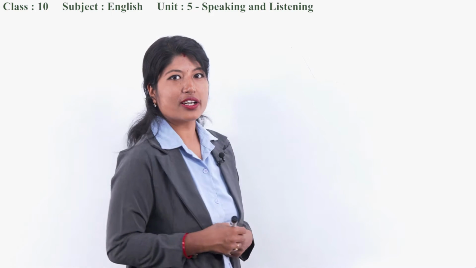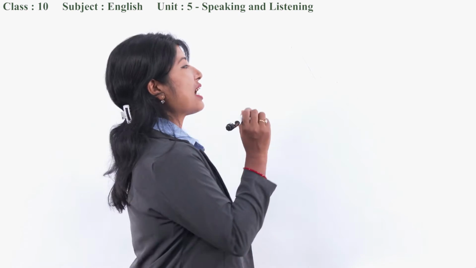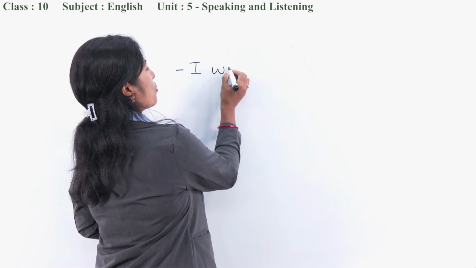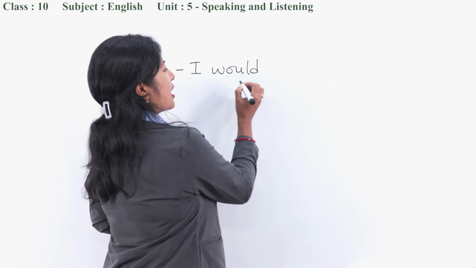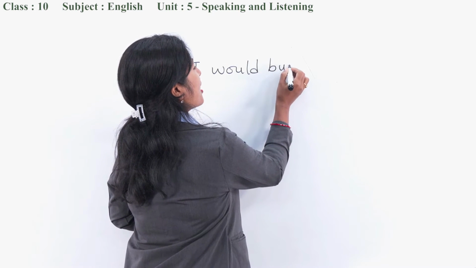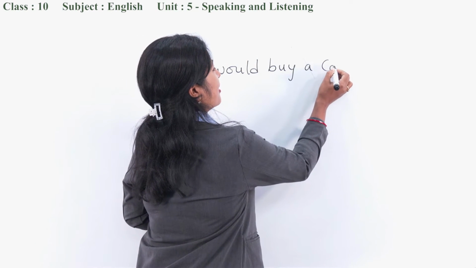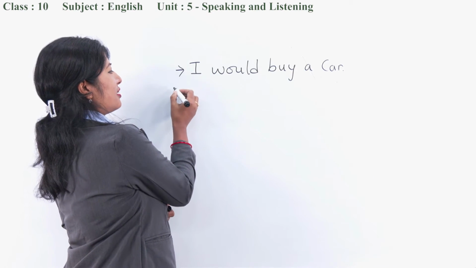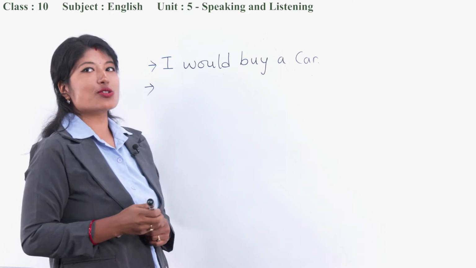What would you do if you won a lottery of 10 lakh? All right, I'm going to write on the board. Our answer is: I would buy a car. What else would you do?